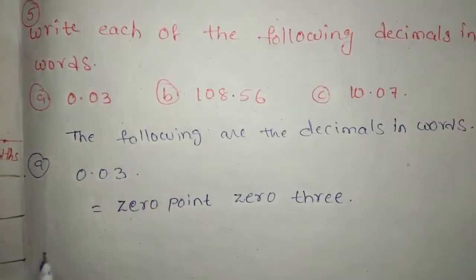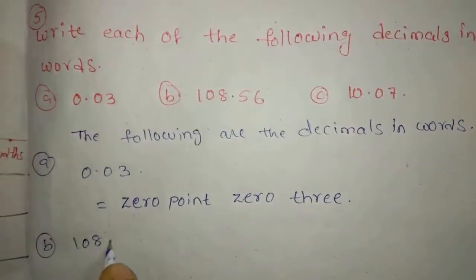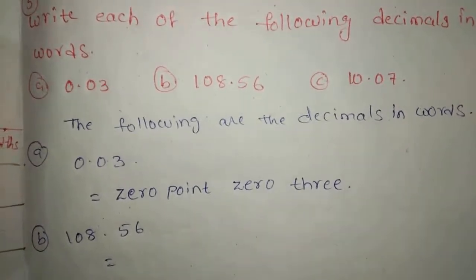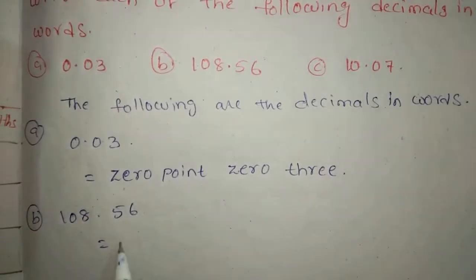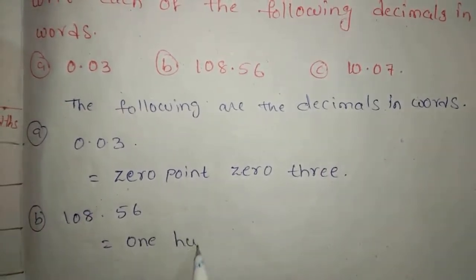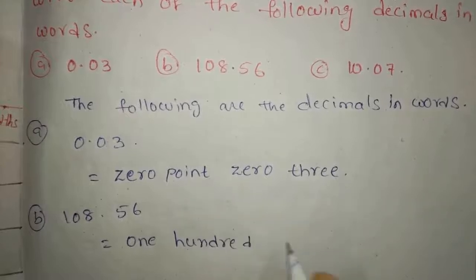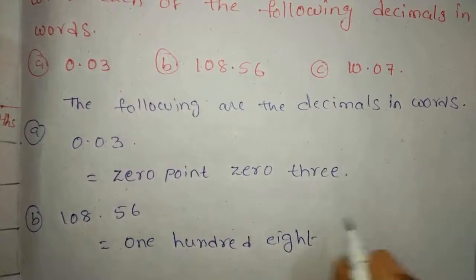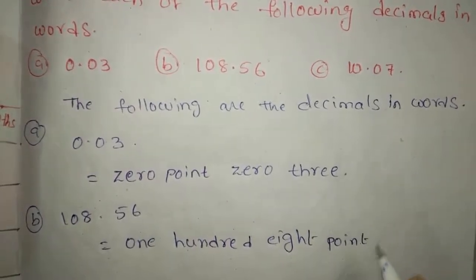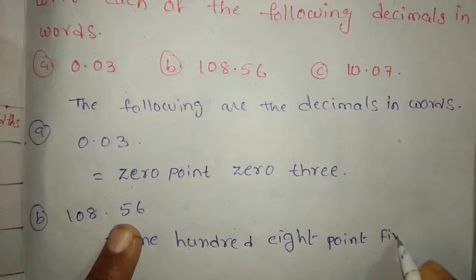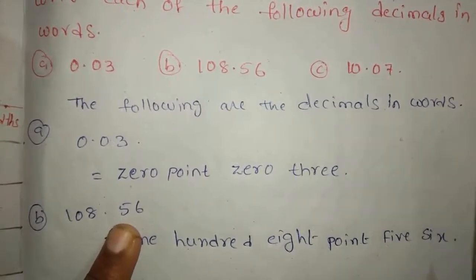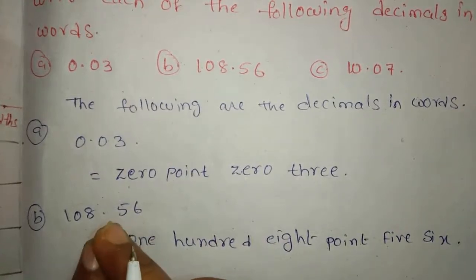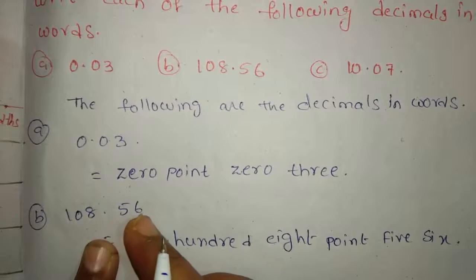And the next one is 108.56. Don't write the 56 as fifty-six digits separately; after the point we write 56.